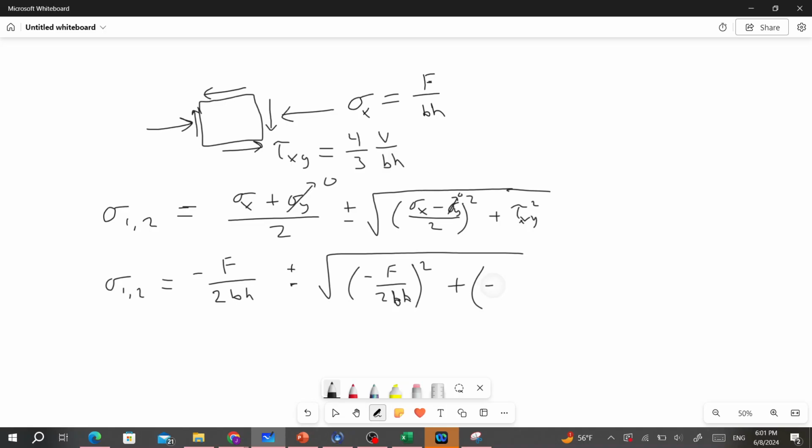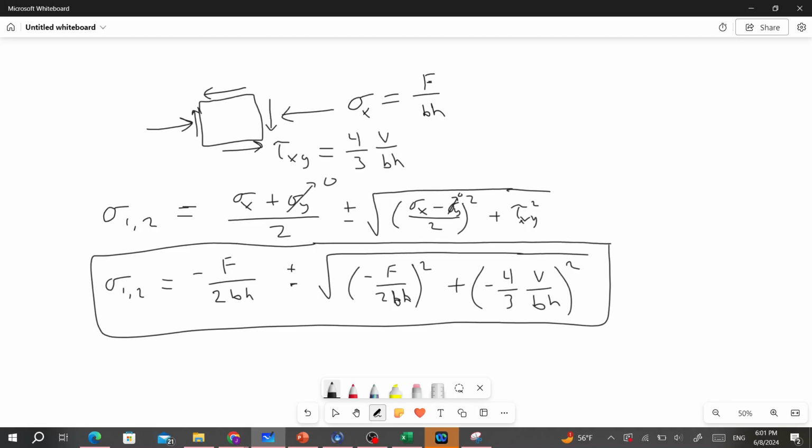So we write minus 4/3 V over BH, squared. Symbolically, that would be our answer for the principal stresses.